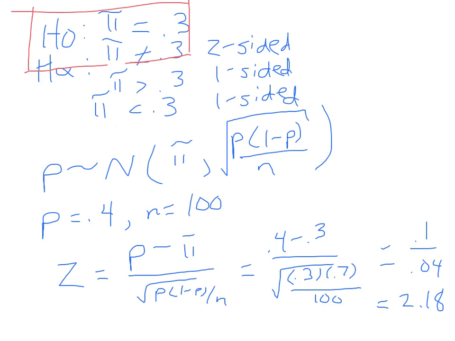Now here's the key with the proportion. It's the same Z values. If your Z is greater than 1.96, you reject H naught at 95%.